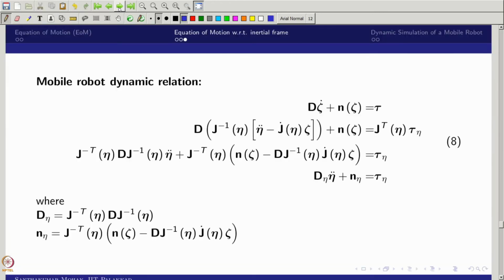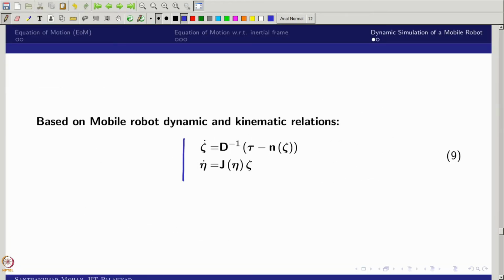So what are we trying to do? We are trying to take one of the simplest equations which we have derived. This is the kinematic equation and this is the dynamic equation. I will be keeping the dynamic model as it is in the body frame, because, as I told, my wheel forces, or you can say my input forces, would be with respect to the body. So I will keep it that way, so that it would be easy.